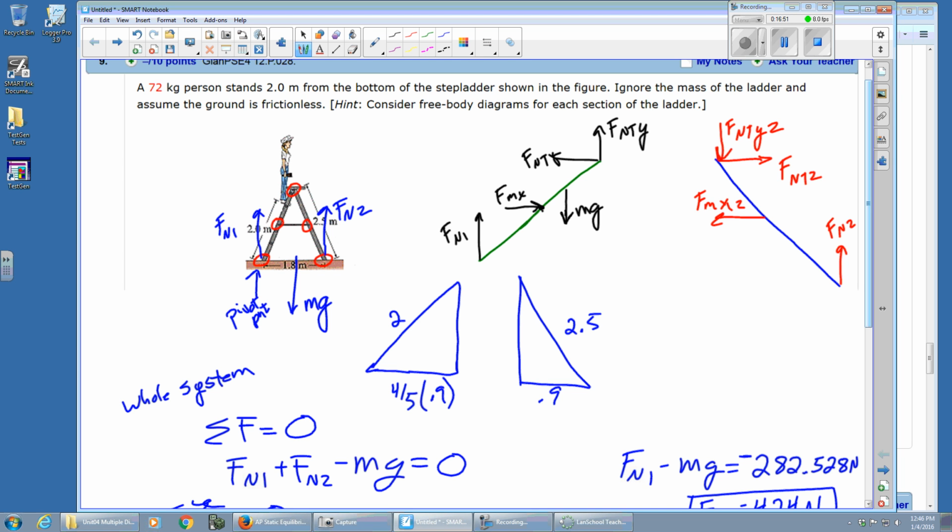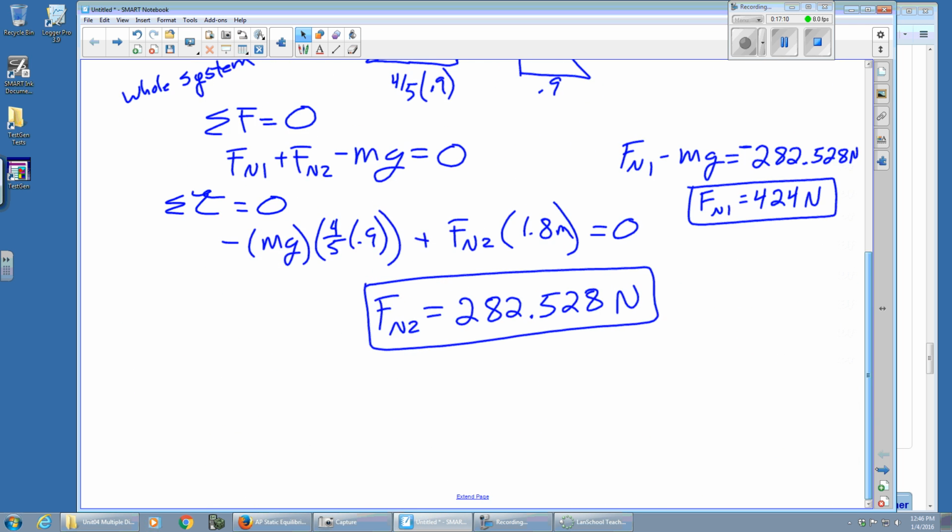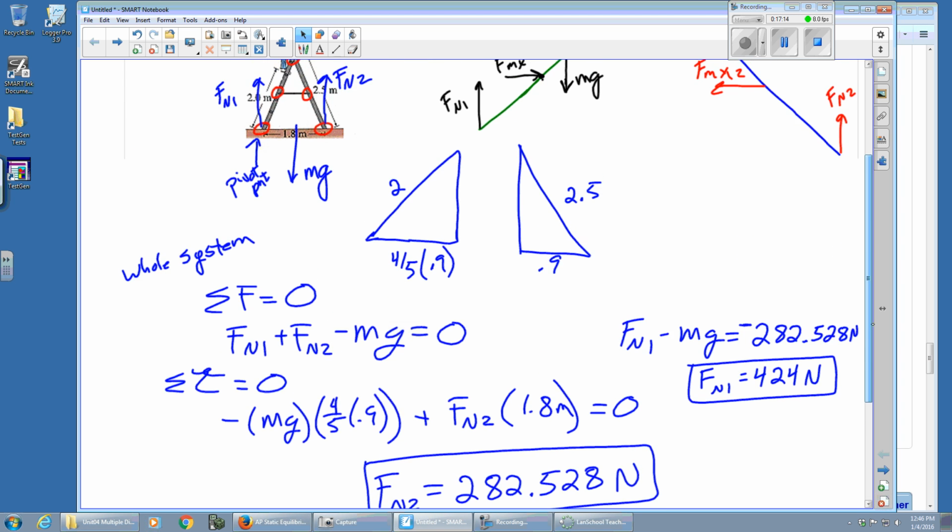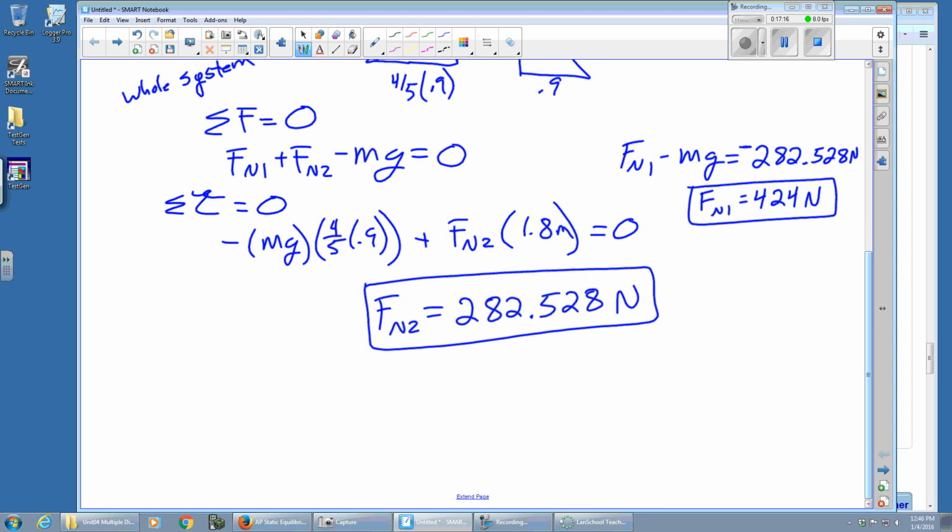And then now we're going to go on and try to work on finding the force in the hinge. All right, and I'm going to use the right-hand side of our ladder for that. All right, so I'm going to go down here and I'm going to use the right-hand side.